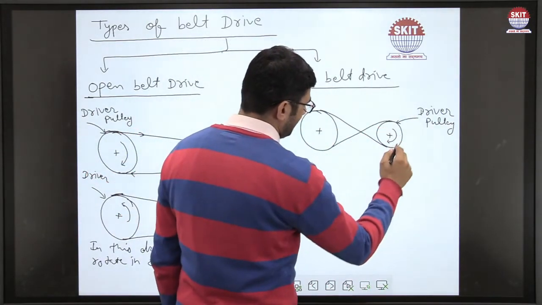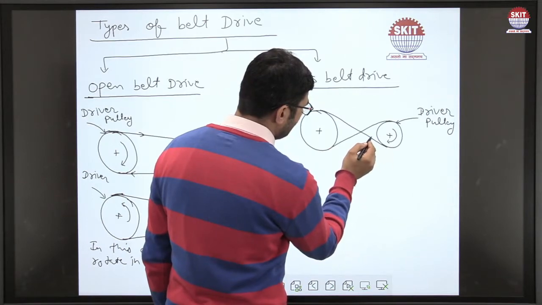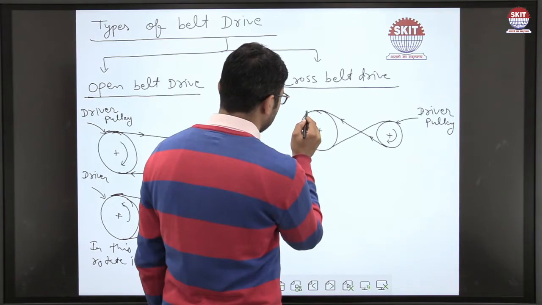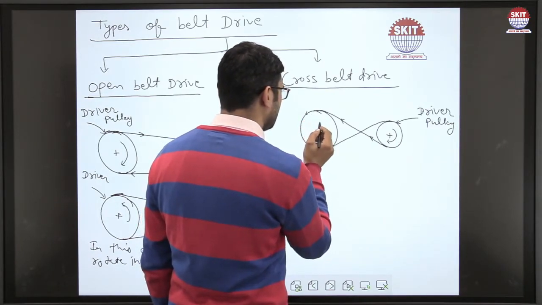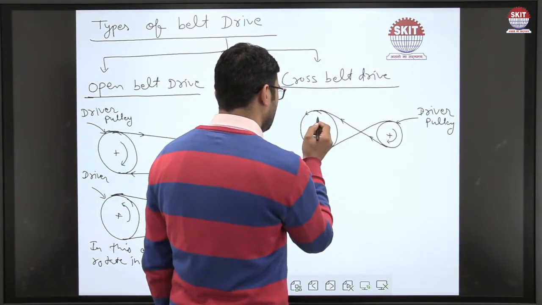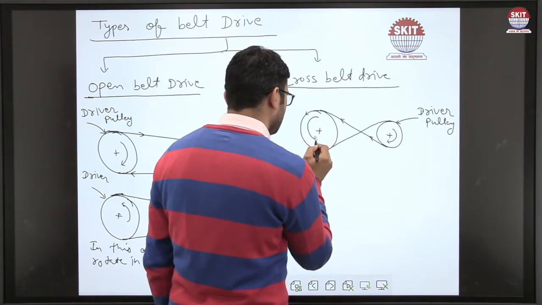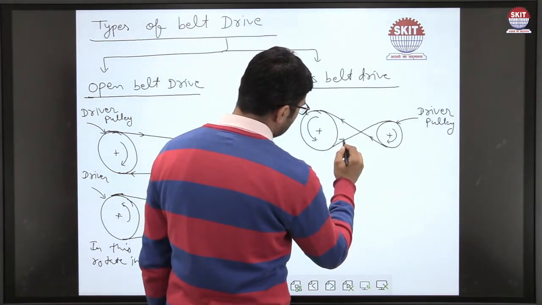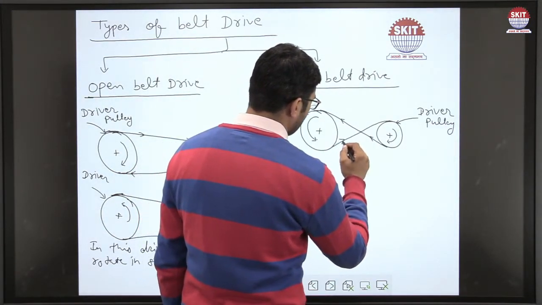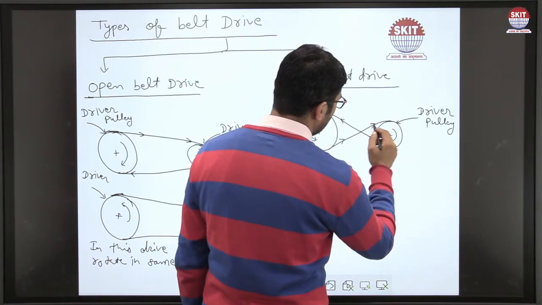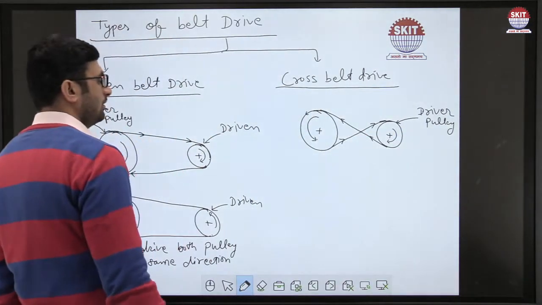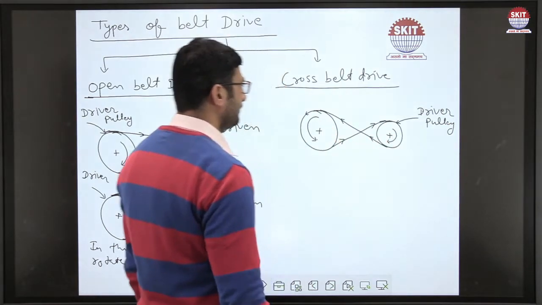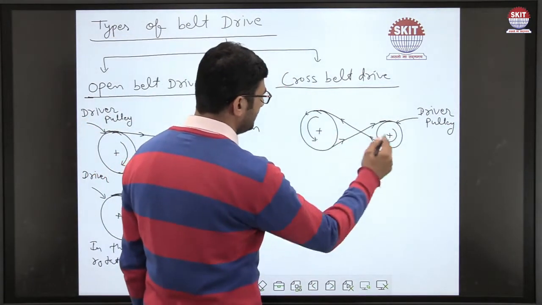When it starts rotating in the clockwise direction, the belt moves in that direction and reaches here, and this belt also rotates the pulley in the same direction in which the belt moves. The belt is crossed, so the movement of the belt is in that direction and the movement of the pulley is in the opposite direction.